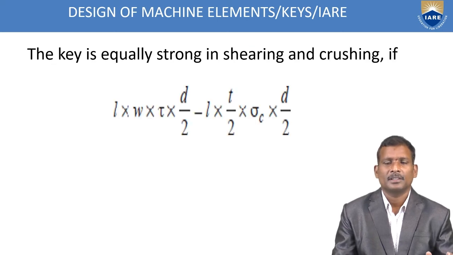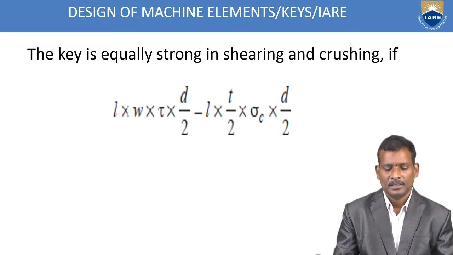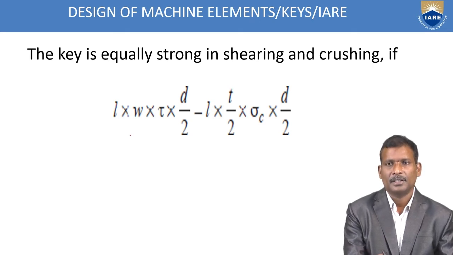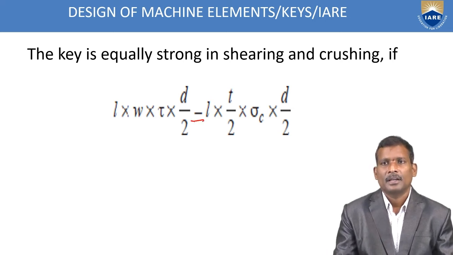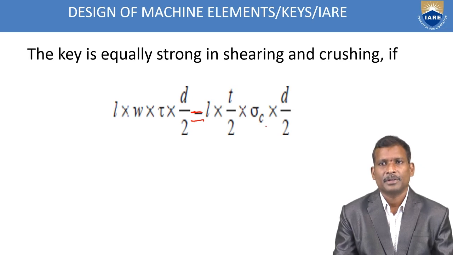The key is equally strong in shearing and crushing. Then you can write L into W into tau into D by 2 is equal to L into T by 2 into sigma c into D by 2. The first equation is for shearing and the second is for crushing.